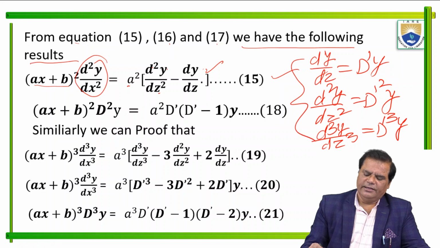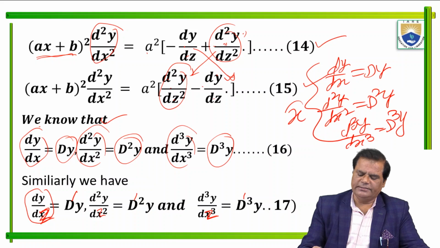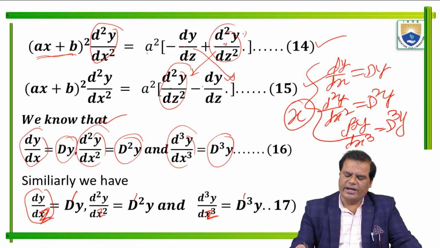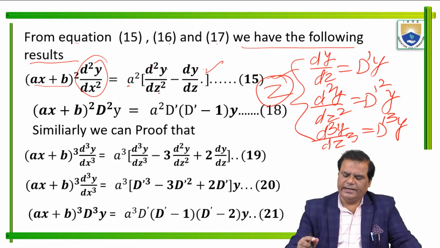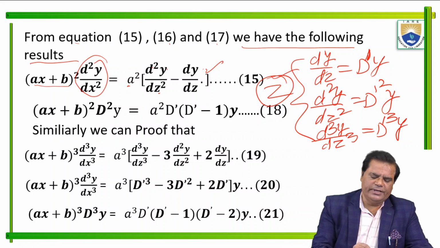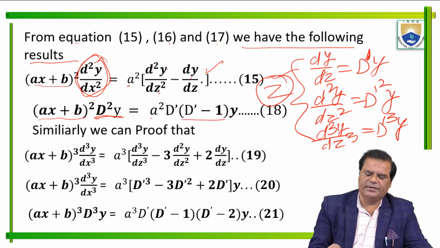In all of these the variable is z, but in the last result our variable is x, so here we write D square, D cube, but here D dash, D dash square, D dash cube. So writing this value: (ax+b) whole square D square y equal to a square [D dash square minus 1 minus D dash], so D dash is common: D dash minus 1, y. This is equation 18.